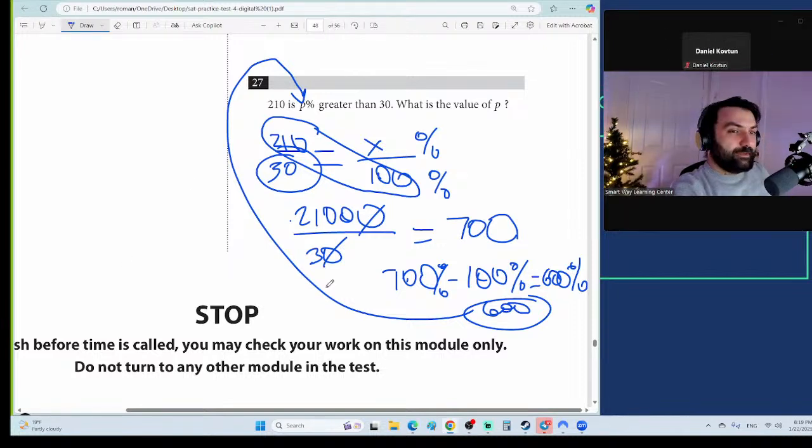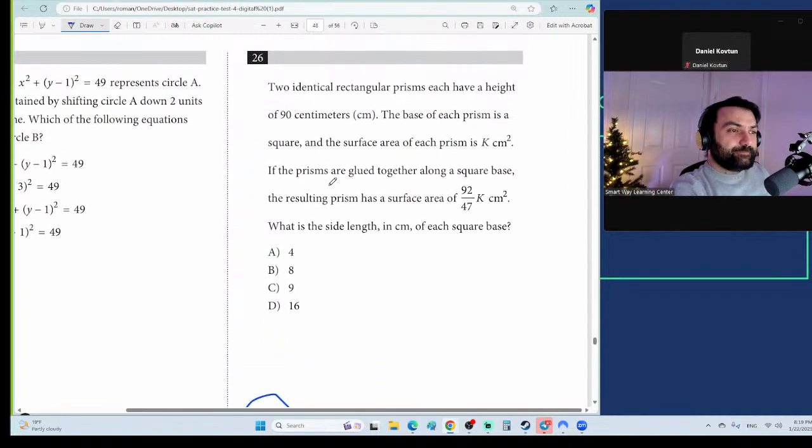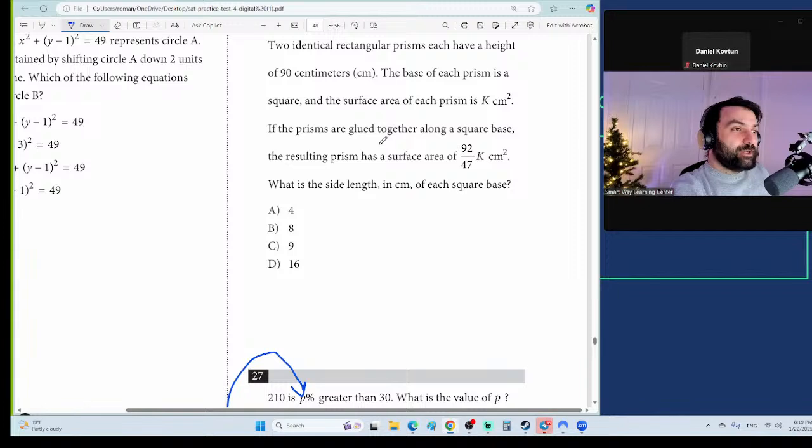How about number 26? Two identical rectangular prisms each have a height of 90 centimeters. Rectangular prisms.